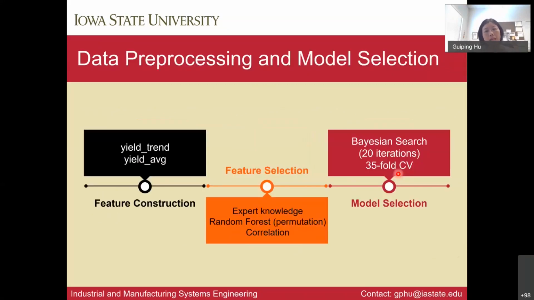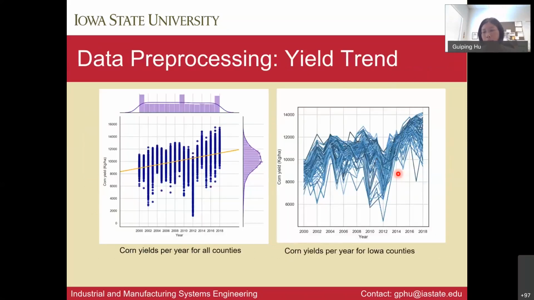So there was some data pre-processing in this analysis. I'm not going into too much detail about this. There are feature construction, feature selection, as well as model selection. If you're interested in knowing more about this, I'll be happy to provide detail offline. Data processing is actually very important, which was mentioned earlier in the talk by Mark as well as Javier, in terms of garbage in, garbage out, right?